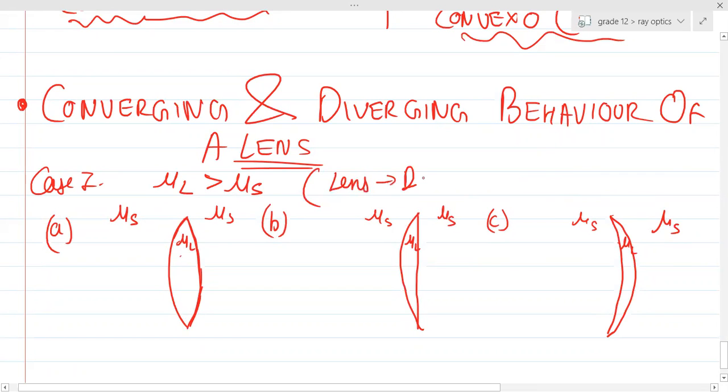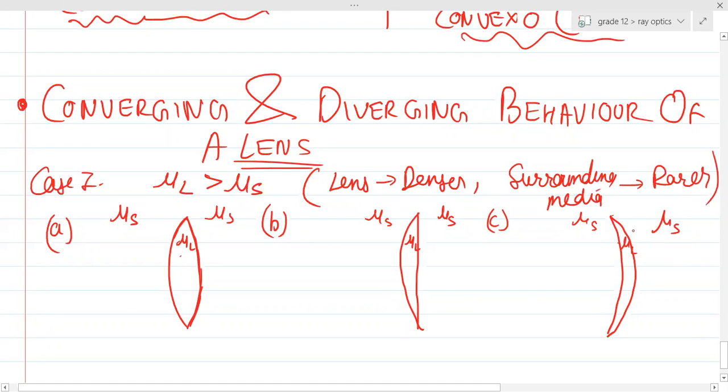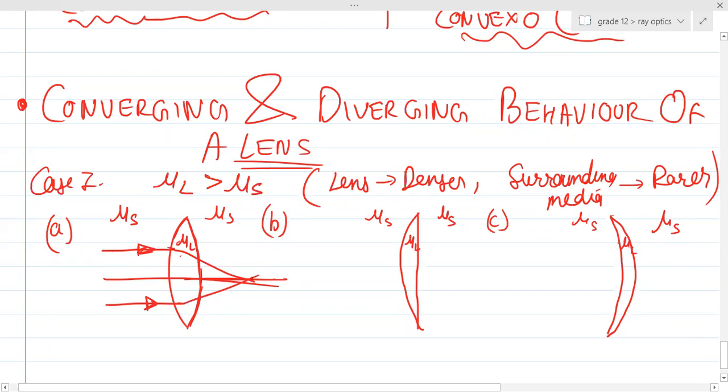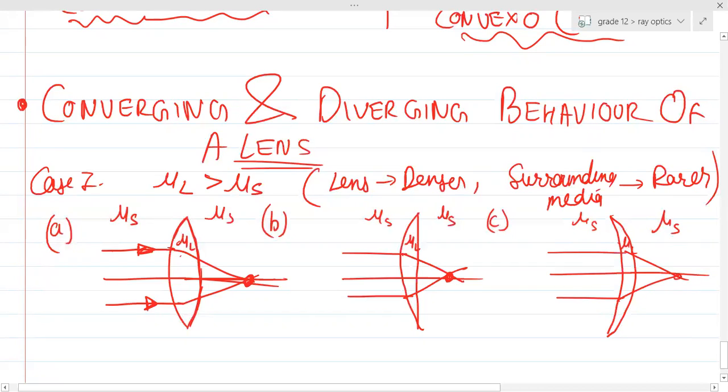The lens is the denser medium and the surrounding medium is rarer. Then all of these lenses will behave as converging lenses. The light rays which are coming parallel to it will converge at a point.